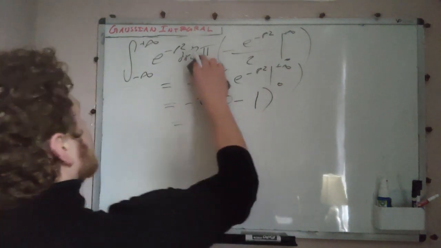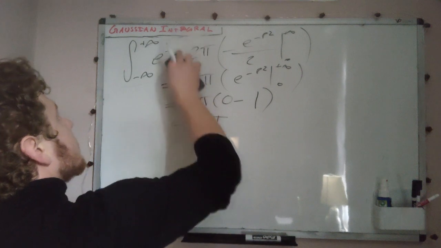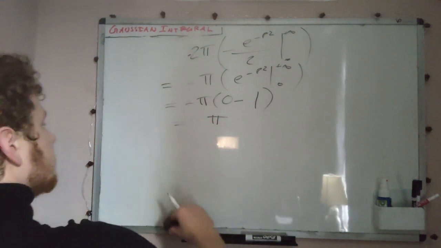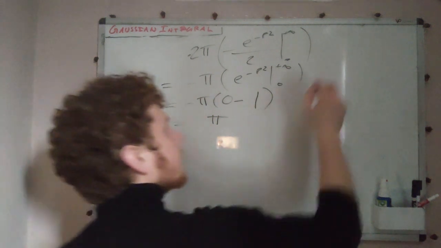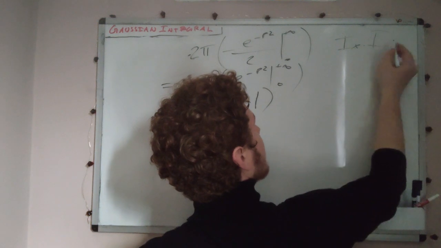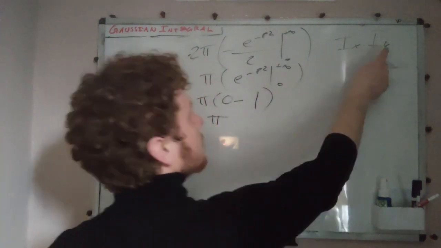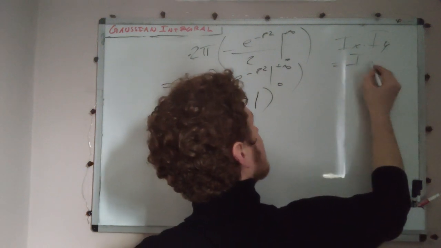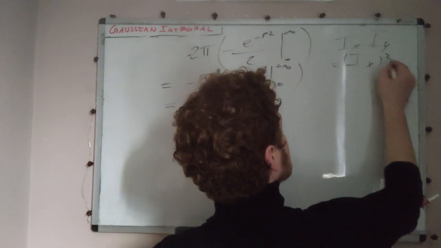Well, what we did in the beginning was we actually multiplied I sub x times I sub y, which you can, since I sub y is equal to I sub x, it's the same thing as I sub x squared.